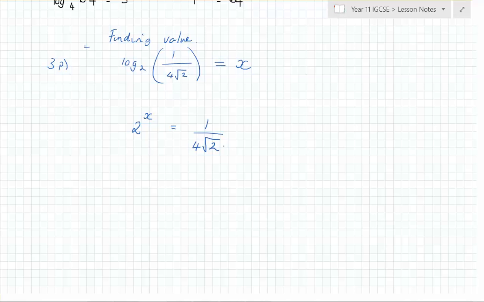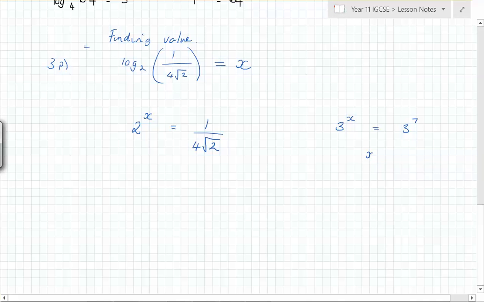There is one way that you have done before where the power is then easy to find, and it's when both sides of an equation have the same base. So if I say to you 3 to the power of x is equal to 3 to the power of 7, the fact that the x is a power and it's unknown is not a problem, is it? Because what do we know in this case? That x equals 7, right? And one that you may have done before, for instance 2 to the power of x is equal to 8 to the power of 2.